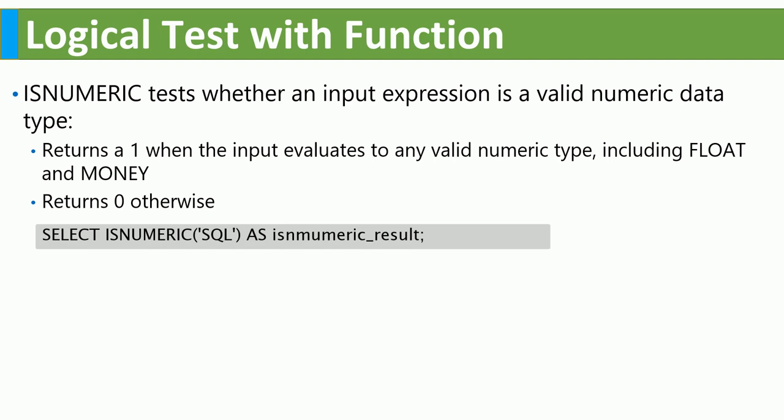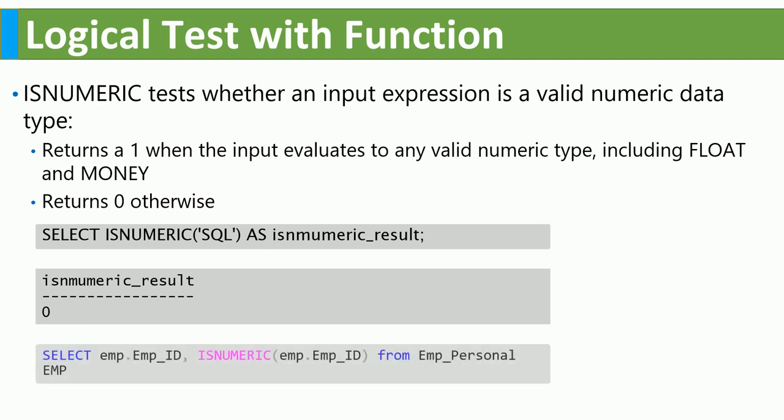If you are checking whether a table or column has a numeric value or not, you can write the ISNUMERIC syntax. Here the result is 0, or you can use a column, for example select employee ID is numeric or not, and it will print the value. If there is any numeric value inside the employee ID column, then it will print yes, meaning 1. If not, then it will say 0.